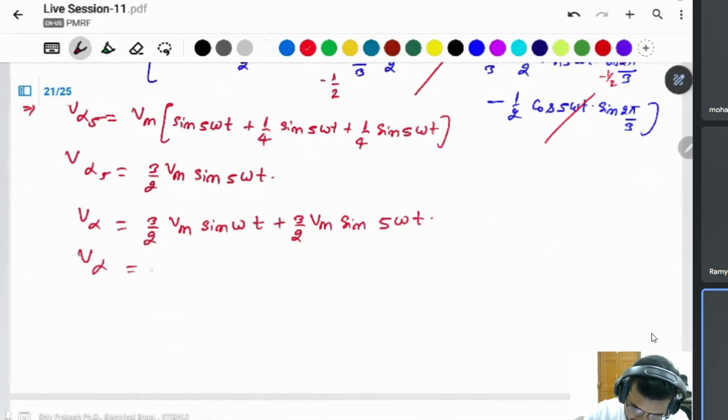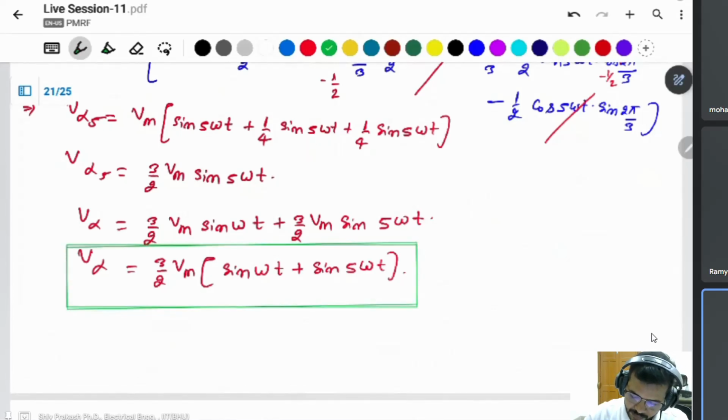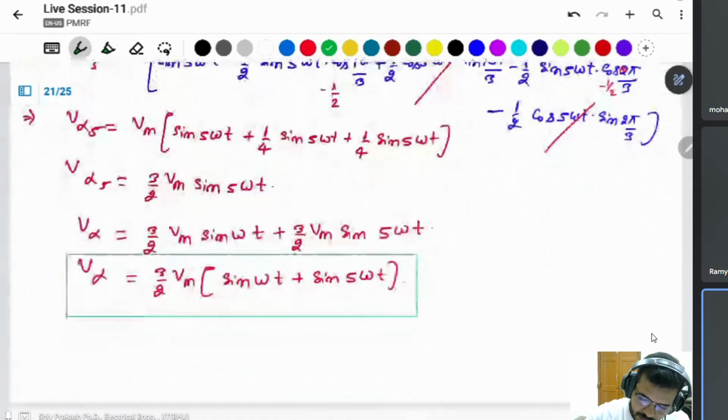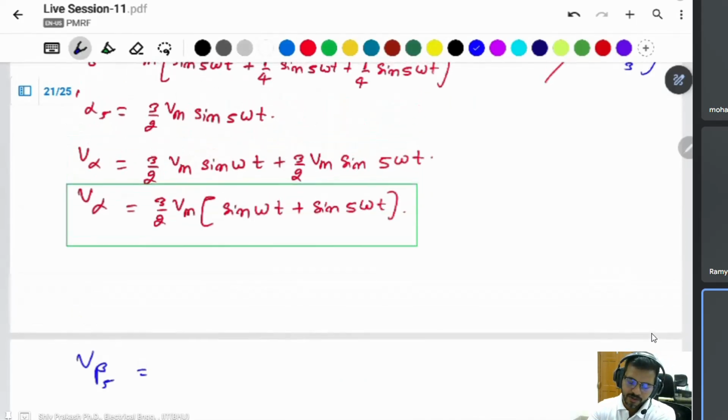And Vα is equal to 3/2 Vm. Something similar you can apply for Vβ. First calculate the fifth, because we have already calculated beta for the fundamental, same 3/2, minus of 3/2 Vm cos ωt.